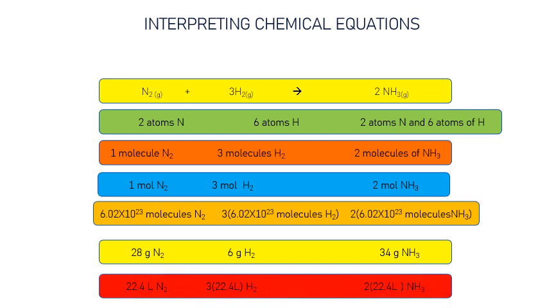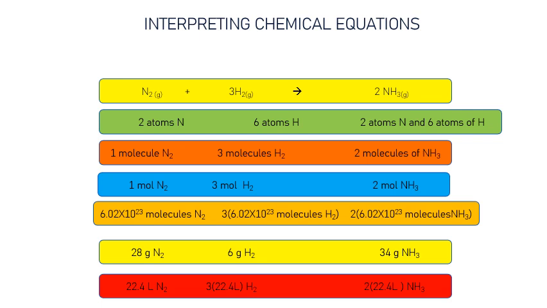And what if we need it in terms of volume? We know 1 mole of any gas at STP will have a volume of 22.4 liters. That is constant, okay? So that is a fixed volume. If we have 1 mole of nitrogen at STP, we will have 22.4 liters.